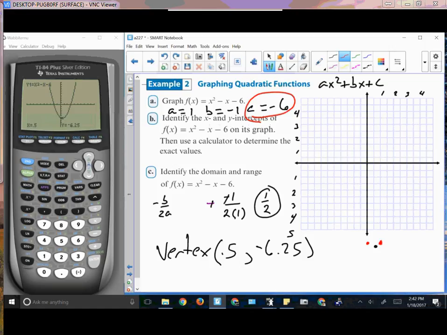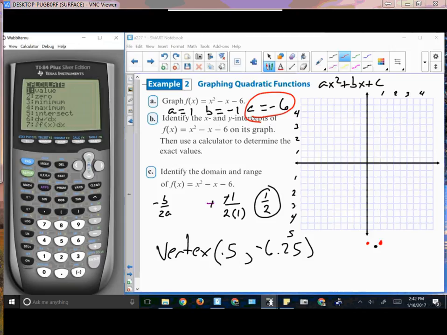Next thing. I want to find where these zeros are. The x-intercepts. Where does it go through the x-axis? Do you remember the command that we used before to find this? If I go to second, trace, I get a calc. Remember seeing these things? Second calc. What do I want to find here? 0.